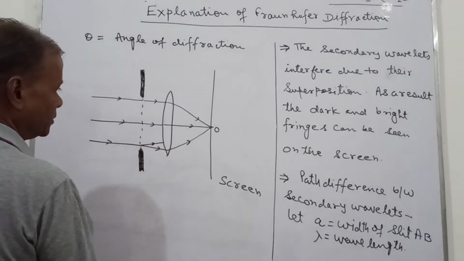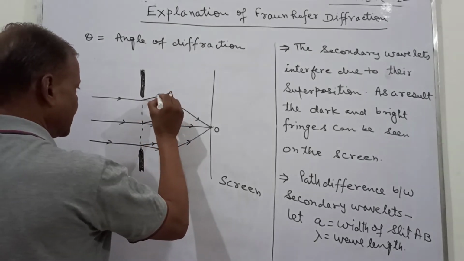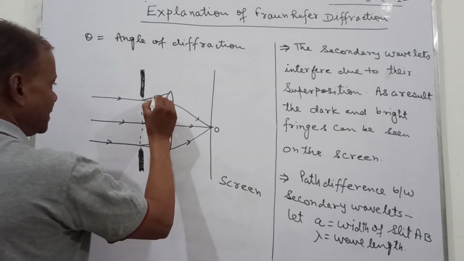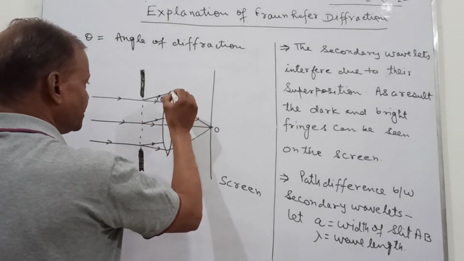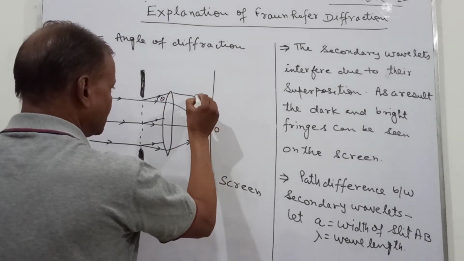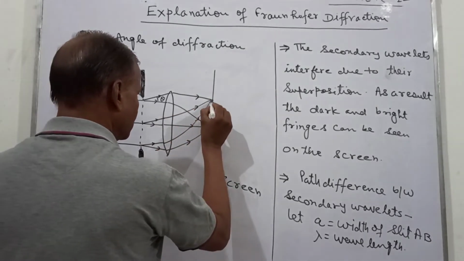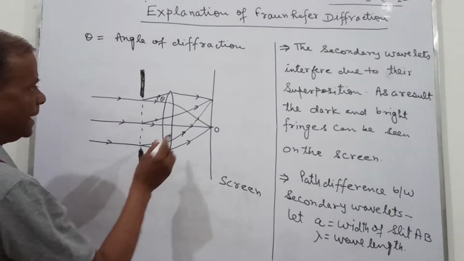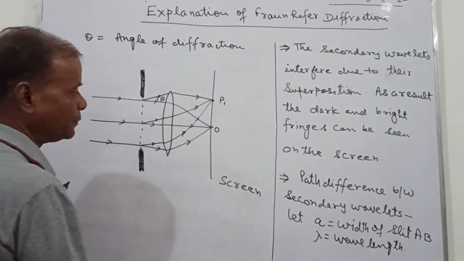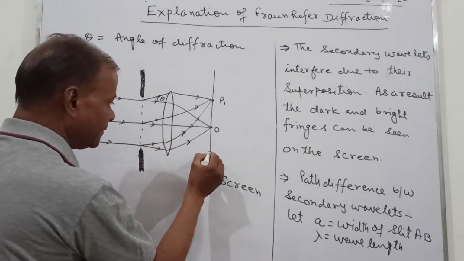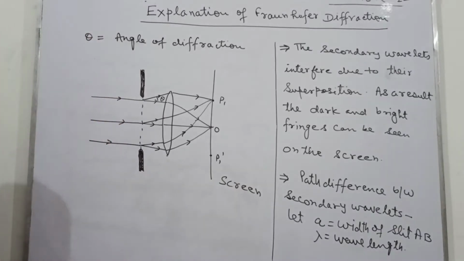Let these waves be diffracted at angle theta. This is also diffracted at angle theta, and this is also diffracted at angle theta. So this is the angle of diffraction, theta. Then these waves reach this point, P1, and similarly we have another point on this side, P1 dash.